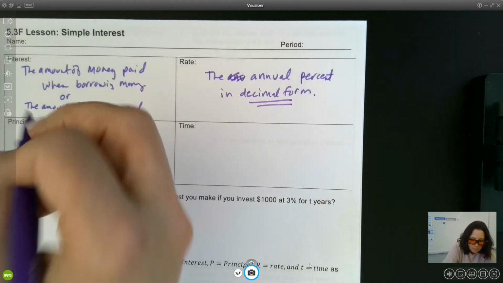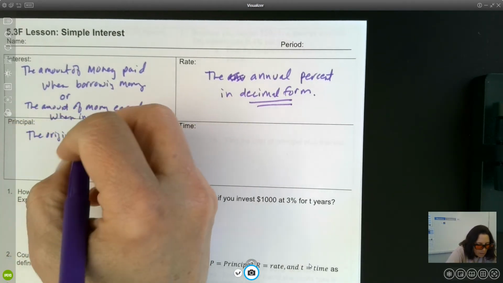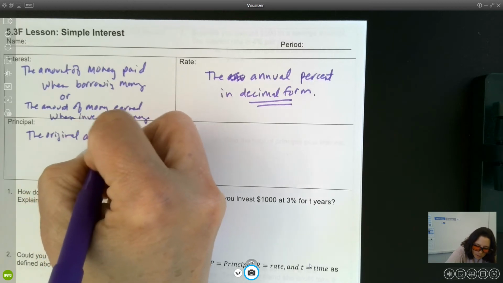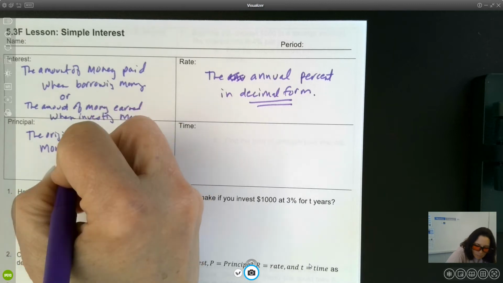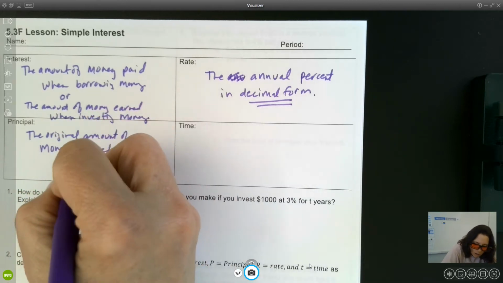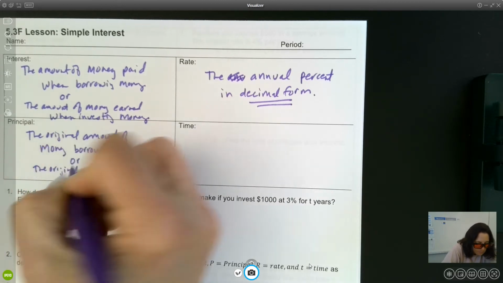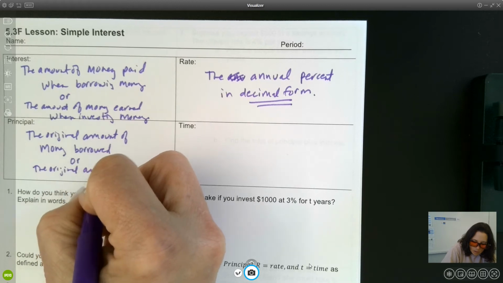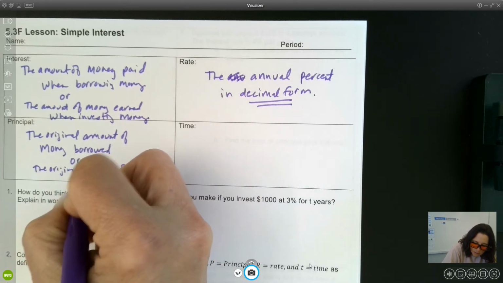The principal is the original amount of money borrowed or the original amount of money invested.